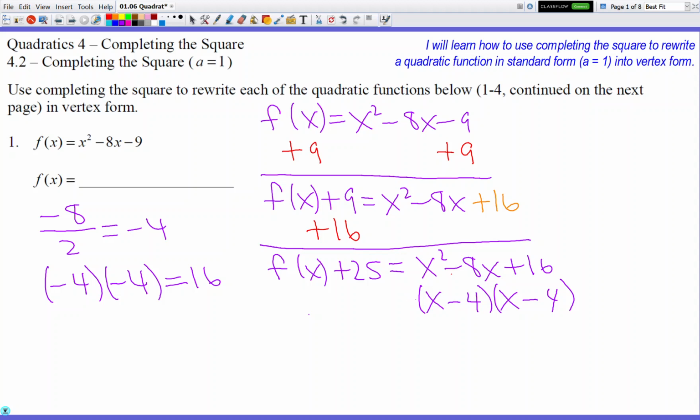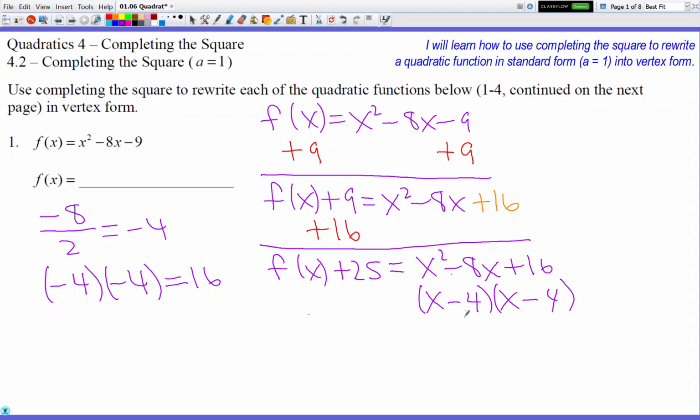This is one of those special case factoring scenarios where, because 16 is my perfect square, it is the number that we figured out should be standing right next to this negative 8x. When you factor this right hand side from now on, when you do complete the square, you're going to get the exact same parentheses twice.